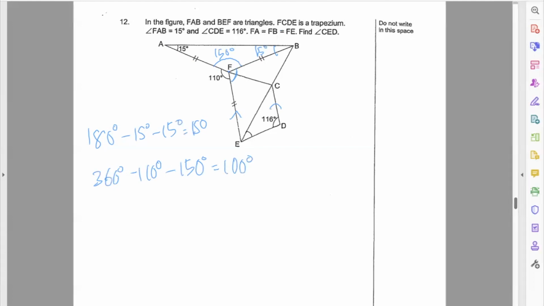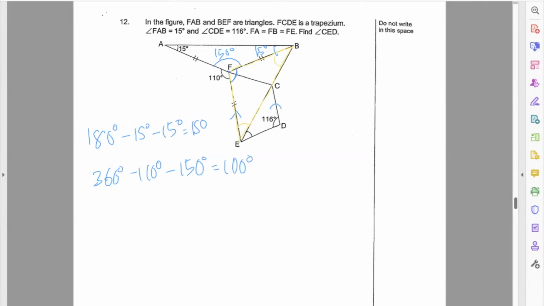Now next, you will notice that FEB is also an isosceles triangle. Let me use another pen. This is also an isosceles triangle. The bottom angles of the isosceles triangle are equal. So let's calculate that.